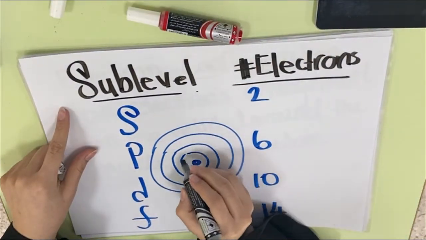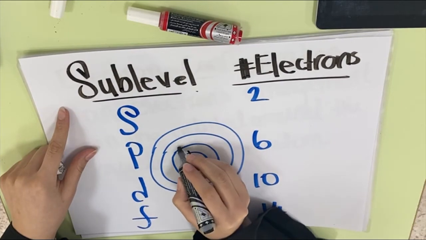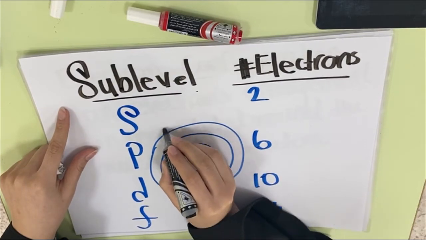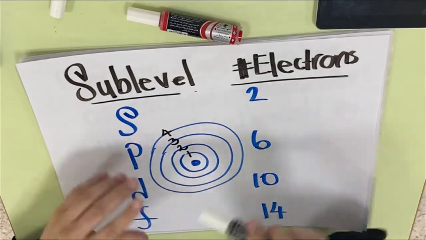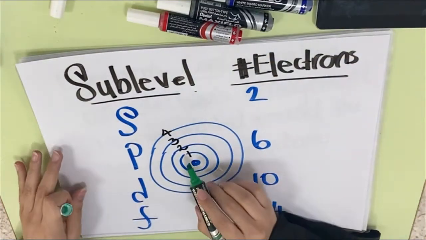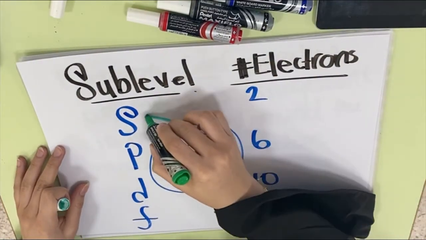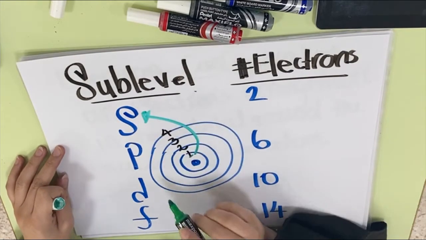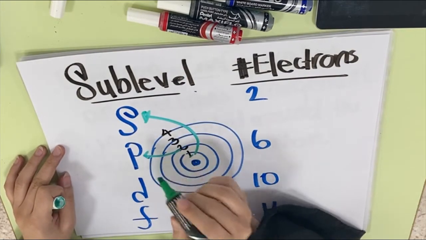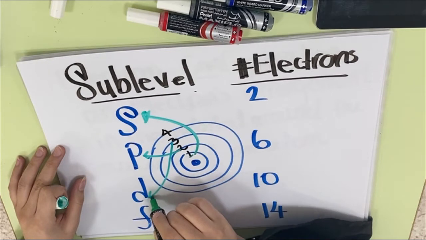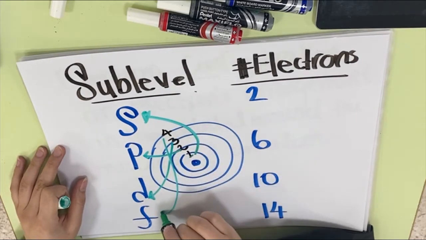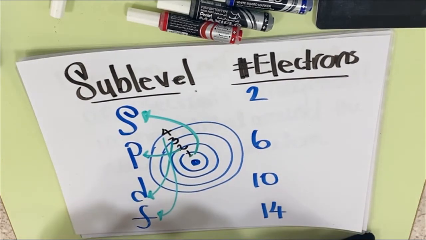So we have here 1, 2, 3, 4. Sublevel number 1 is noted by the letter S. Sublevel number 2, letter P. Sublevel number 3, letter D. And sublevel number 4 is F.